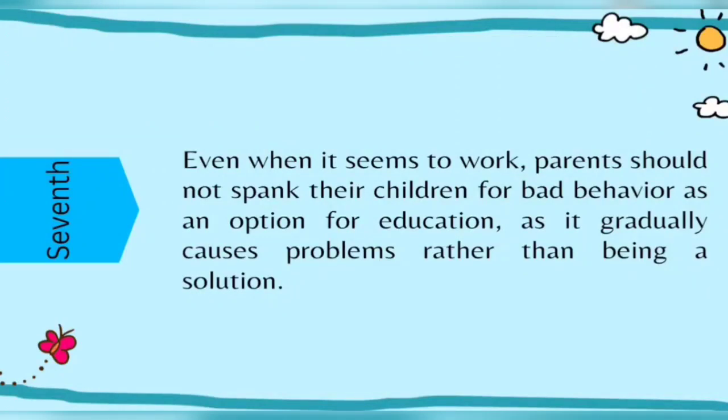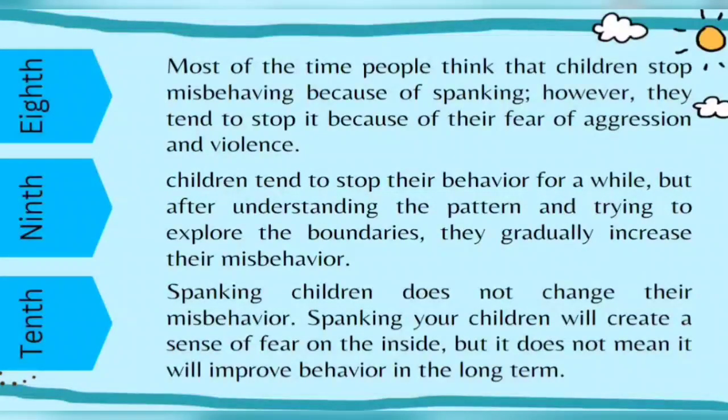The next thing we need to do is to extend the ideas that we presented before the thesis statement. In this case, the first idea will be, most of the time, people think that children stop misbehaving because of spanking. However, they tend to stop it because of their fear of aggression and violence. This idea that now we are developing is going to be extended through evidence.